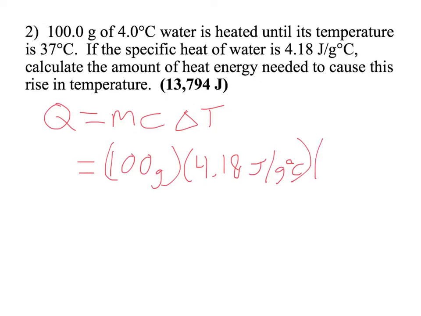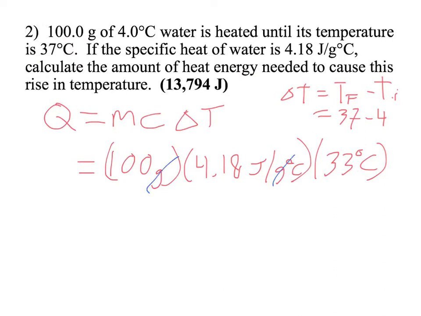And the change in temperature from 4 to 37, delta T is equal to T final minus T initial, so it's 37 minus 4, which is 33 degrees Celsius. 100 grams times 4.18 joules per gram degree Celsius times 33 degrees Celsius.